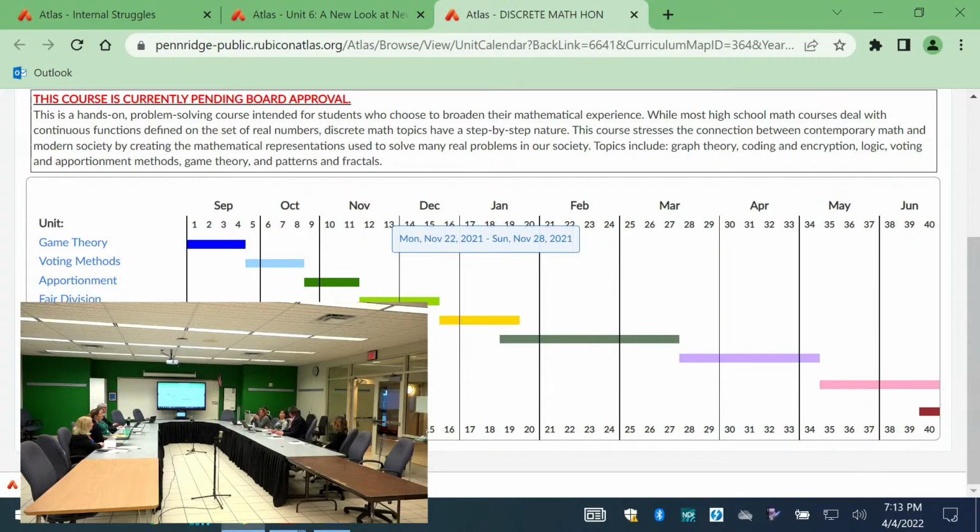Somebody that doesn't have the 3 years isn't looking to take discrete math. But I would love to see it increase among those already taking calculus or statistics, because it really is a great course. It's just an unknown course, and maybe we do have to sell it better.